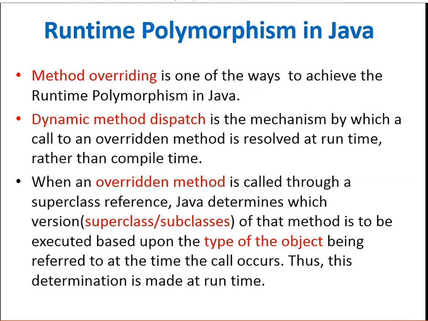When an overridden method is called through a superclass reference or parent class, Java determines which version, parent class method version or child class method version, is to be executed based upon the type of the object being referred to at the time of the call. This determination is made at runtime. That's why it is called runtime polymorphism.